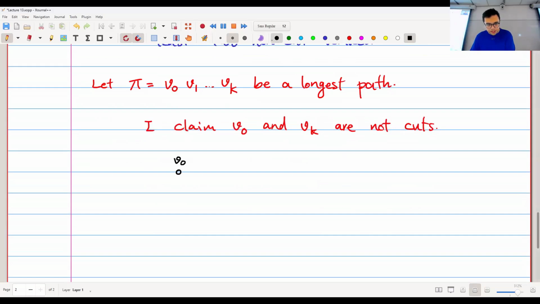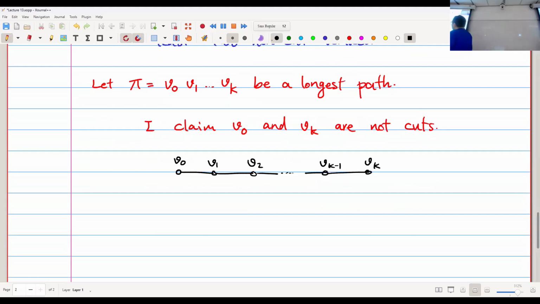So I have V0, I have an edge that goes to V1, that goes to V2 maybe, so on. And at some point, I'm getting to Vk. Okay. What can I say about V0? What can I say about the neighbors of V0?